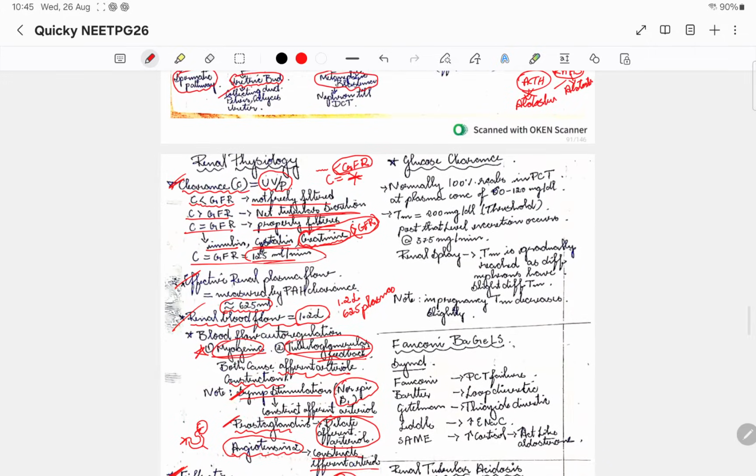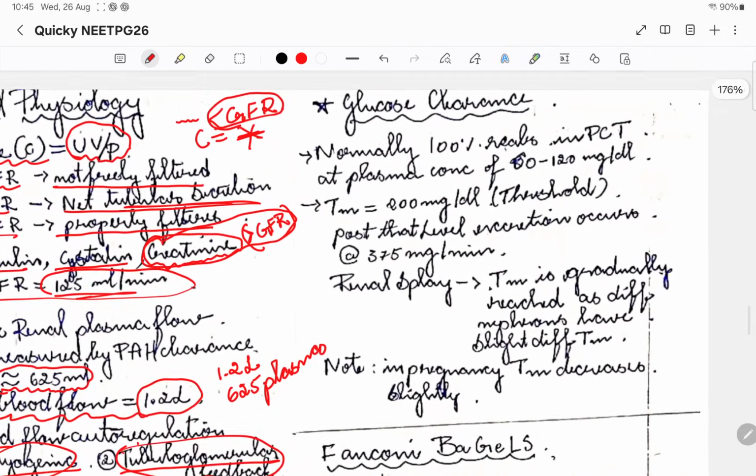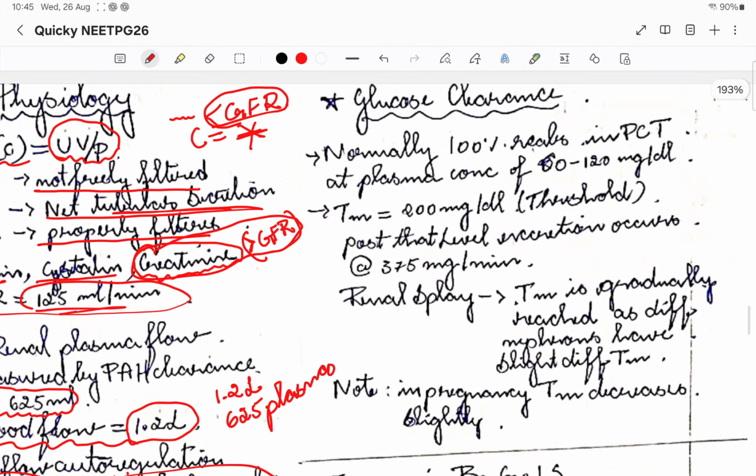Now we'll see some of the other physiology, that is the glucose clearance, right? I told you there will be 100% reabsorption in the PCT. All the glucose, sodium, everything will get reabsorbed in the PCT. When the plasma concentration is 60 to 120 milligrams per deciliter, the PCT will reabsorb all the glucose.